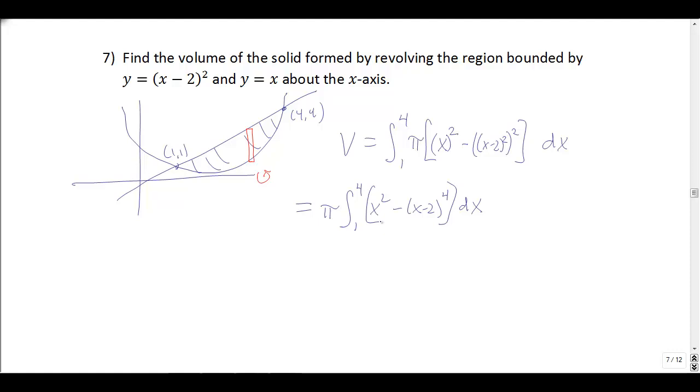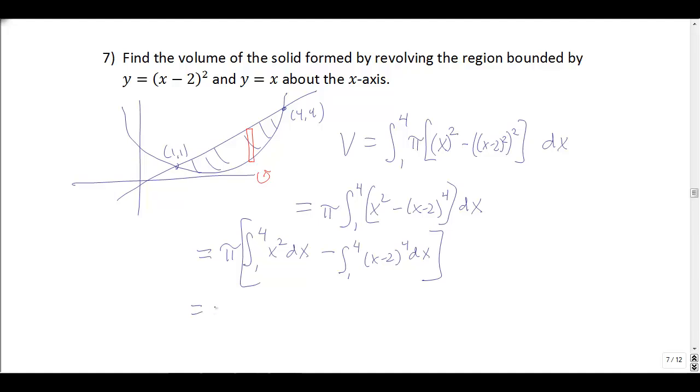When I look at this, you could expand out (x minus 2) to the 4th into a polynomial and integrate. I'm going to do something different here. I'm going to split this into pi times the integral from 1 to 4 of x squared dx, minus the integral from 1 to 4 of (x minus 2) to the 4th dx. Then I'm going to use a substitution where u equals x minus 2 on the second one, so I don't have to expand that out.